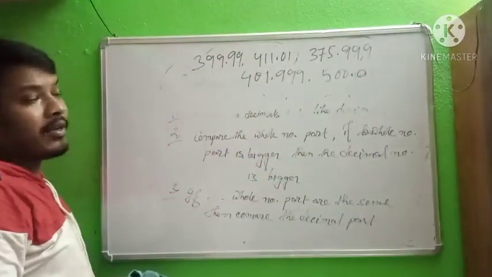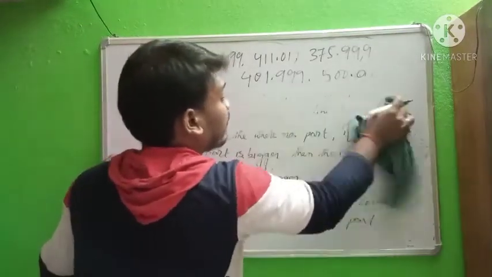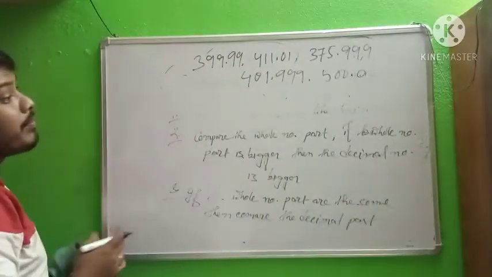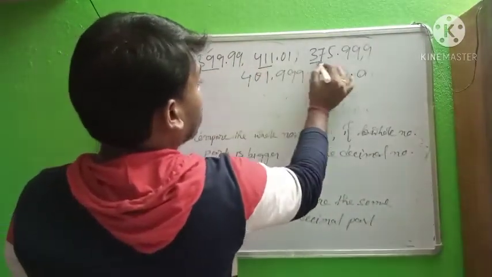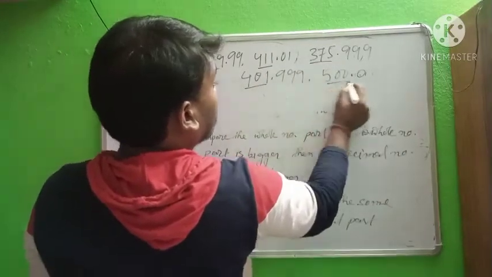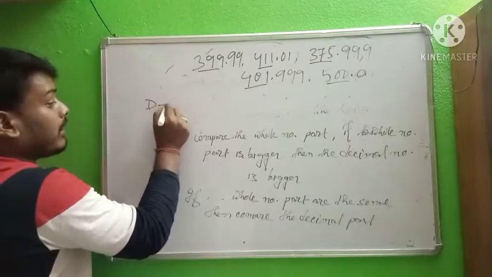First we compare the whole number part. Whole number parts: 399, 411, 375, 401, 500. If we write in descending order, that means bigger to smaller.